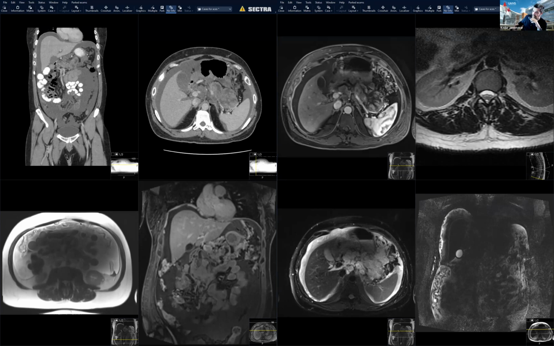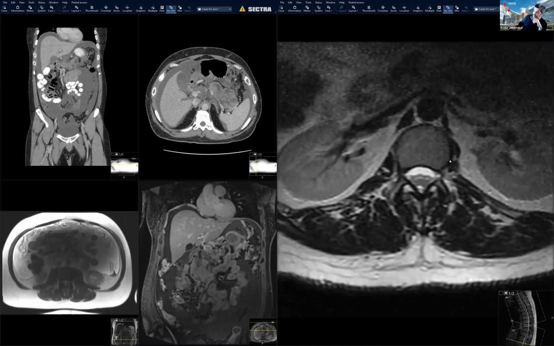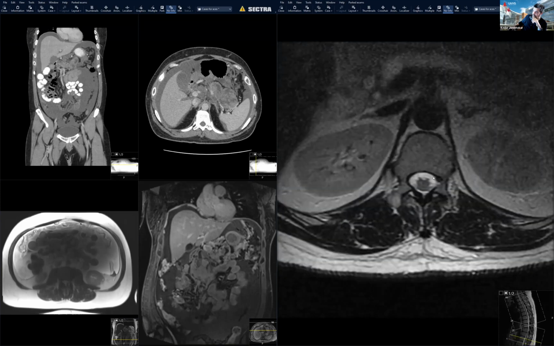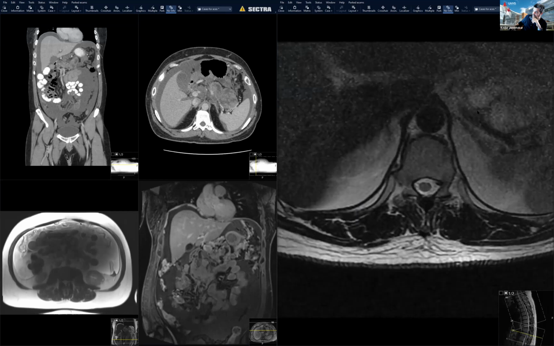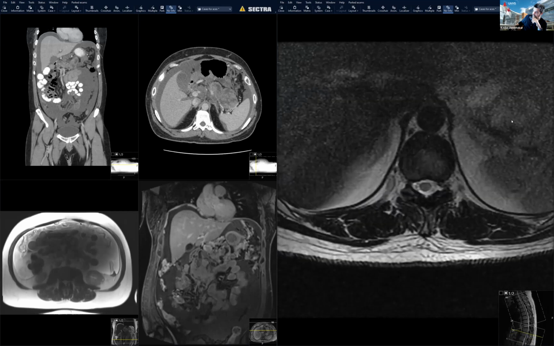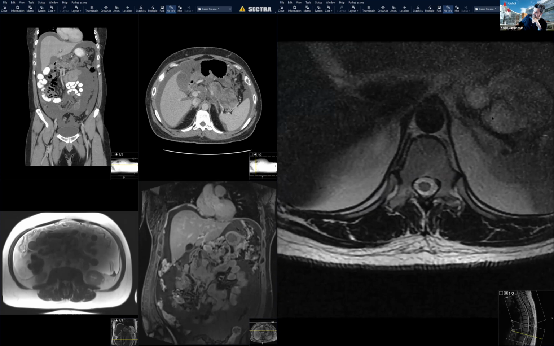So, I was going to share a PowerPoint slide in a second. Just one other history: this patient 2 years back had back pain. He used to live out of town and he had a spine MR done. You guys can still see my screen, right? Yes. So this was a spine MR done at that time. And you can actually see the dilated duct with this big cystic area.